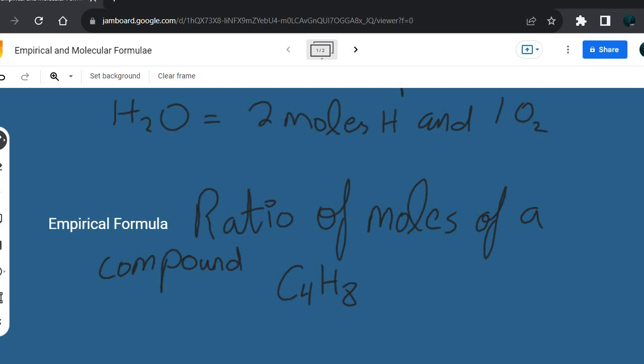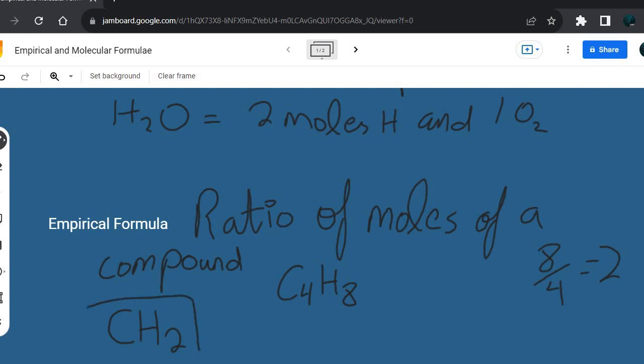However, for the empirical formula, we want to know the ratio only. So we can easily divide 8 by 4 and the answer is 2. Therefore, we know for every 1 carbon mole, there will be 2 hydrogen moles, because the hydrogen moles are twice that of the carbon moles.